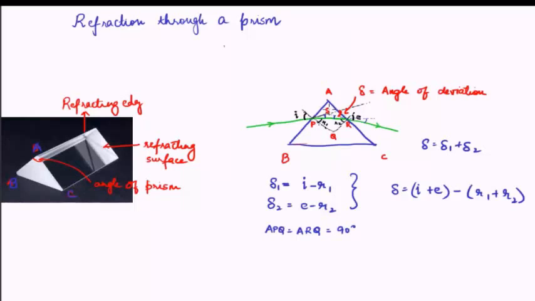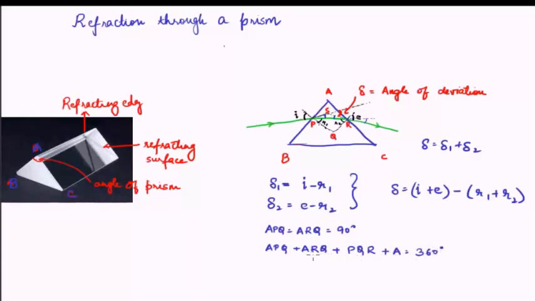And we know that the sum of the angles of a quadrilateral is 360 degrees. Therefore, APQ plus ARQ plus PQR, this angle, plus A, let me call it A, is equal to 360 degrees.